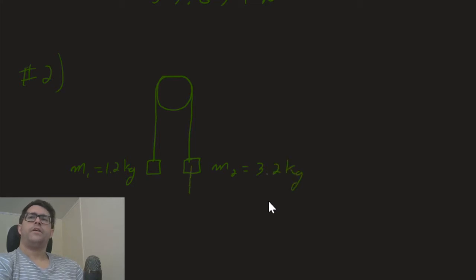We have a vector here, F2, a tension, T, which we will just call T because it's the same on both sides, and an F1. So T is influenced, right?